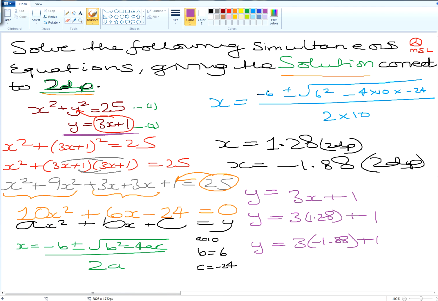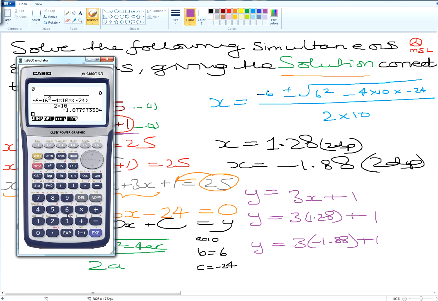Right, calculator time, folks. So we're doing here now 3 times by 1.28 and then add 1. That gives us what? 4.84.